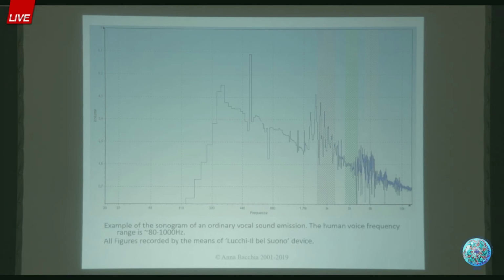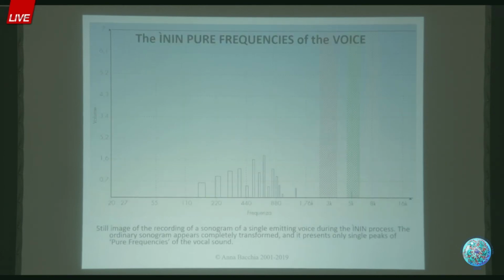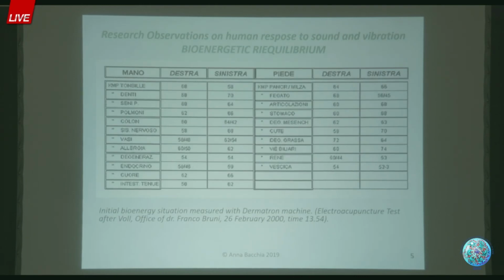On the next slide, we can see that in our intuitive insight, our voice can present only 2 pure peaks of frequencies, which I've called pure frequencies of the voice, and they are terribly effective on the possibility to recreate the biological energy and the status of biological balance of our organism.